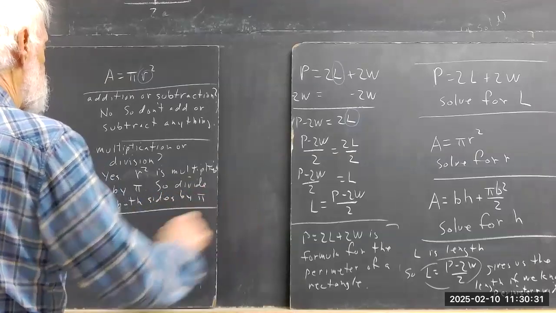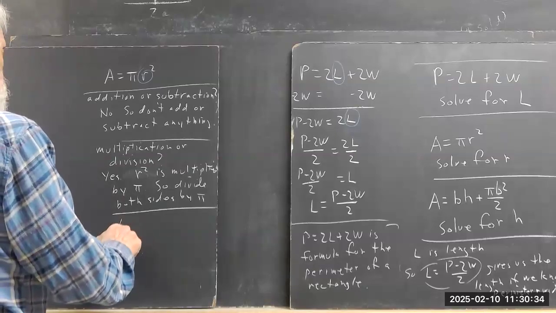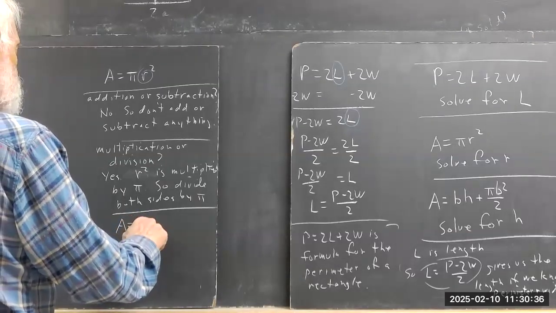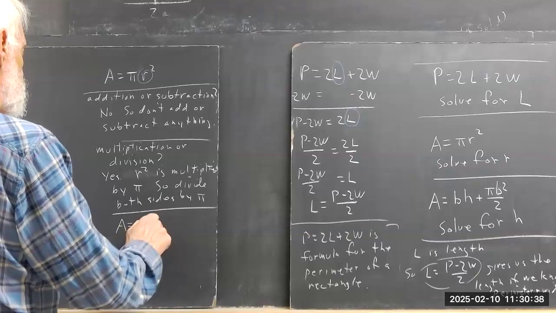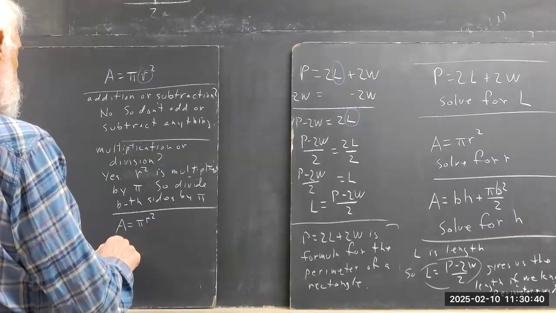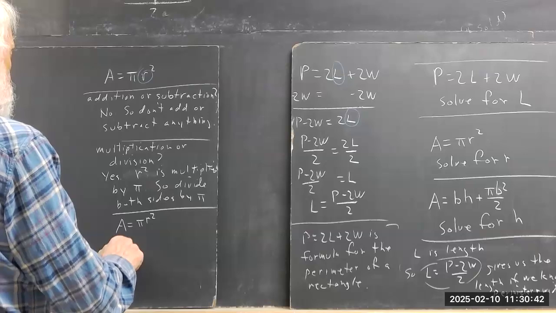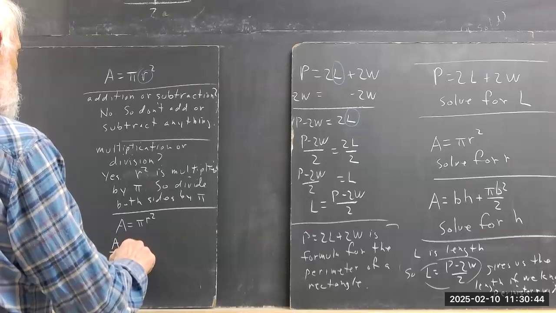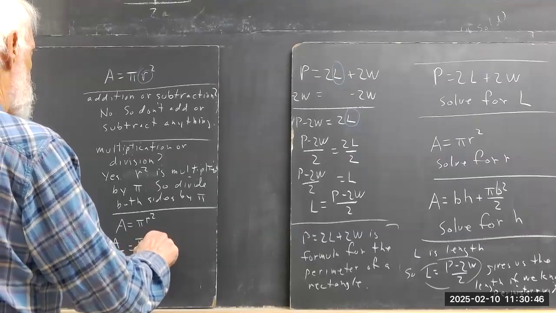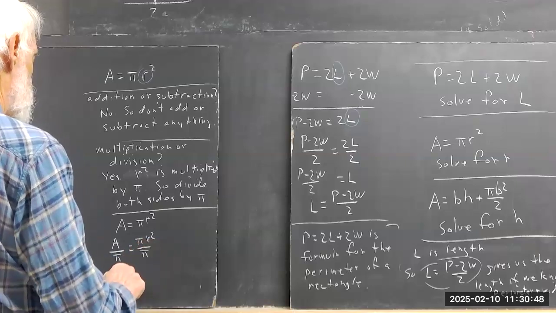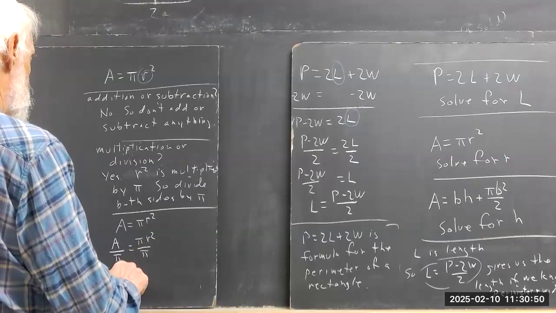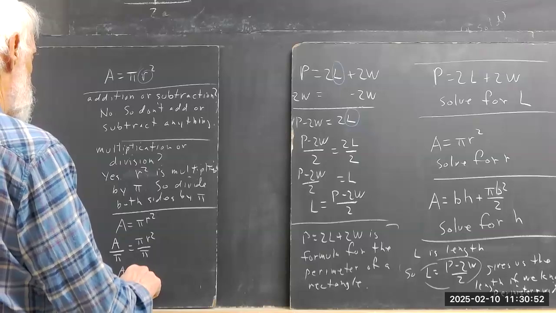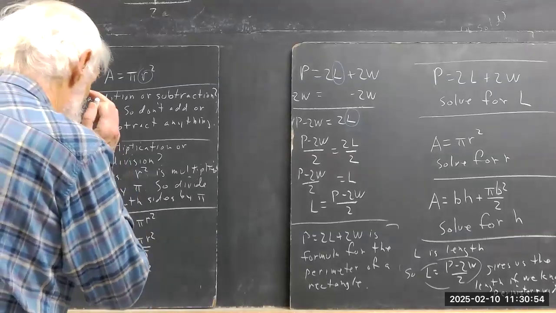So we divide both sides by pi. So now we have A equals pi r squared, which tells us that A over pi would be pi r squared over pi. So that A over pi equals r squared.